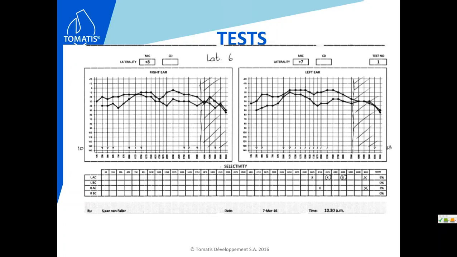The left ear is in relation with the past. That's why sometimes when you have problems that appear on the left ear, the person may not be conscious of it, because for Tomatis it is in relation to the past.